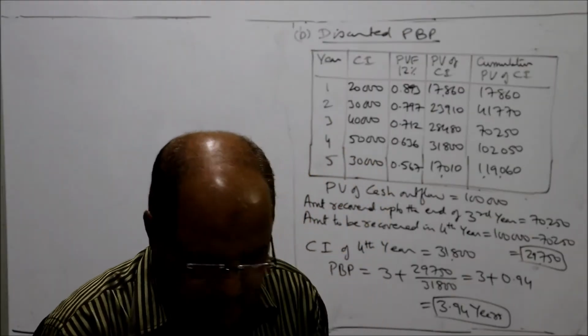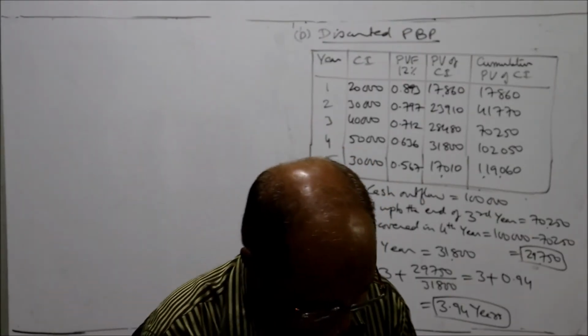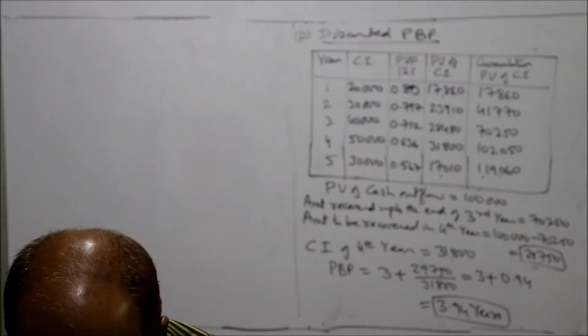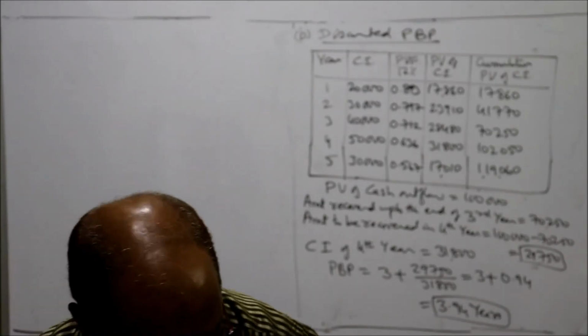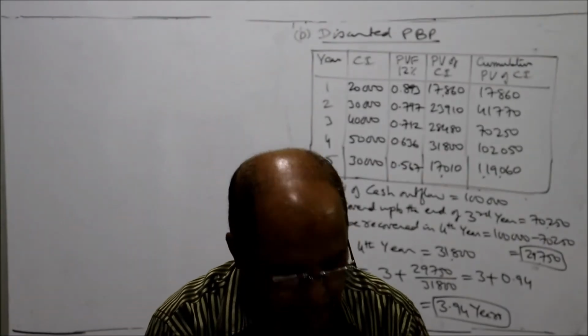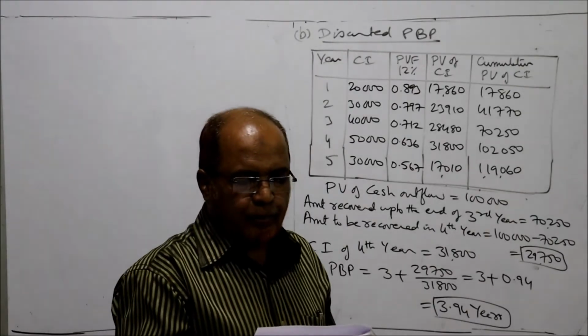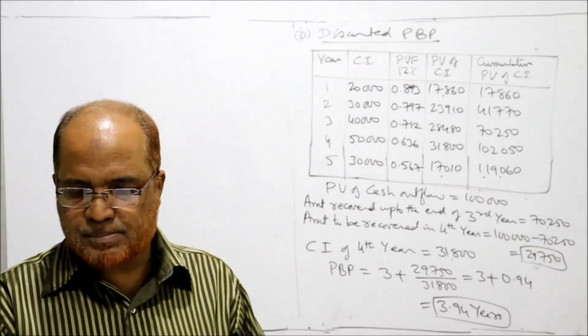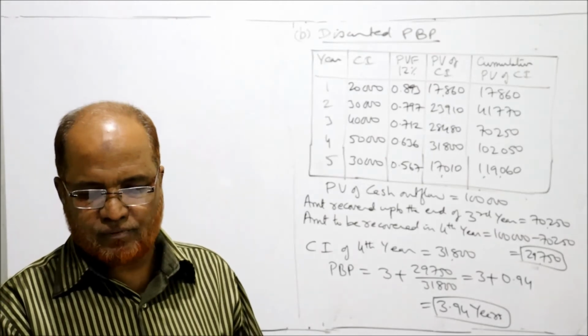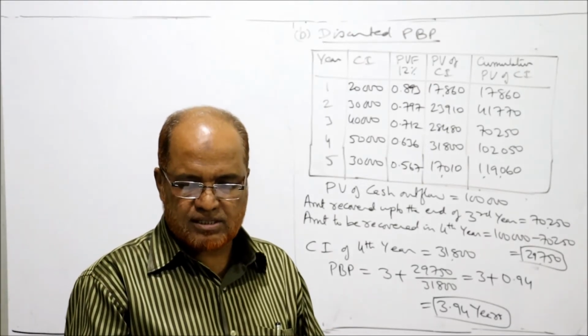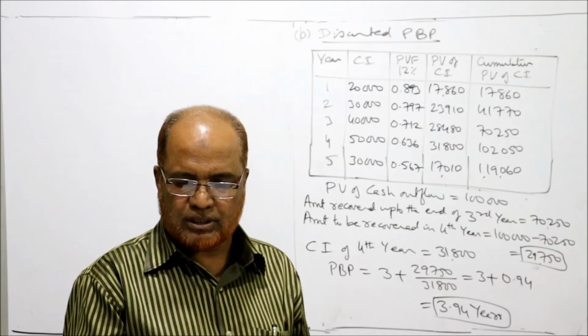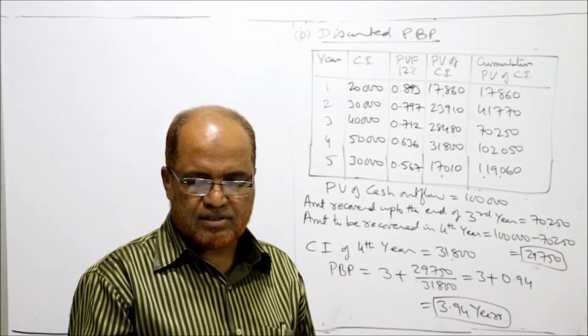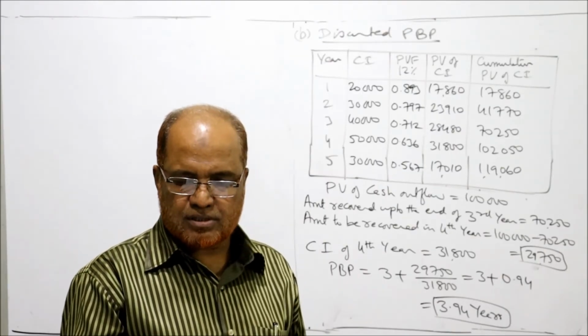Now see problem number 30. A project requires an investment of 1,44,000 and is expected to generate cash inflows of 54,000, 63,000, 72,000, 63,000, 54,000 per annum for the next 5 years. Risk-free rate 10%.